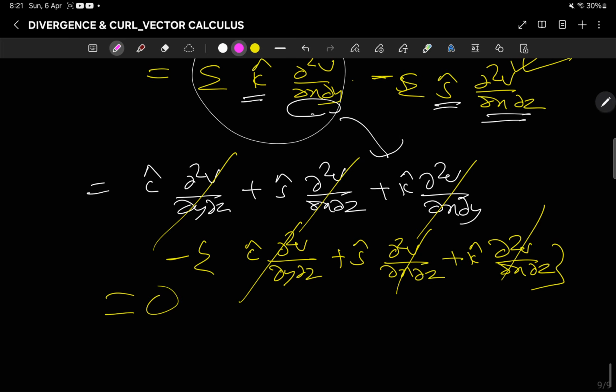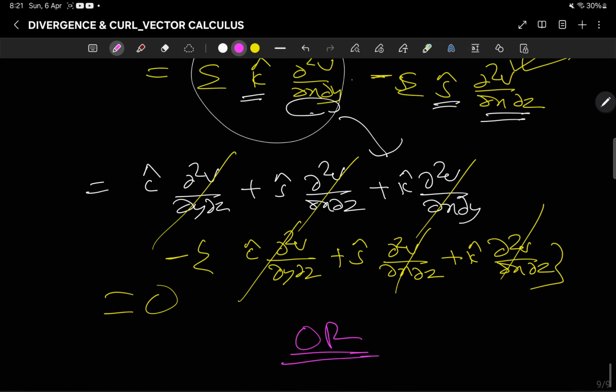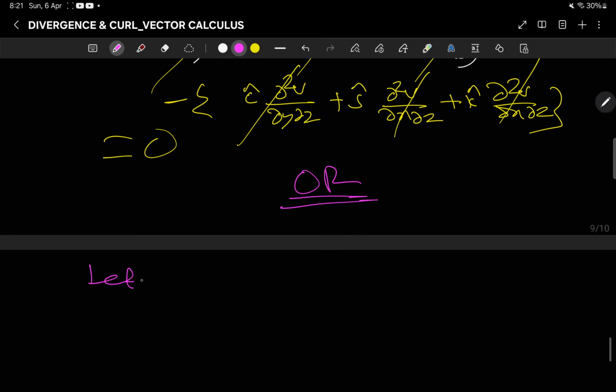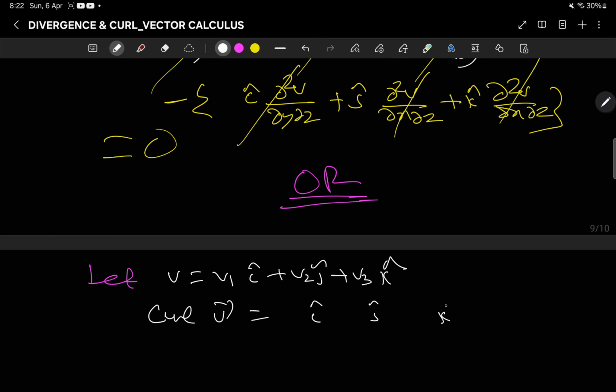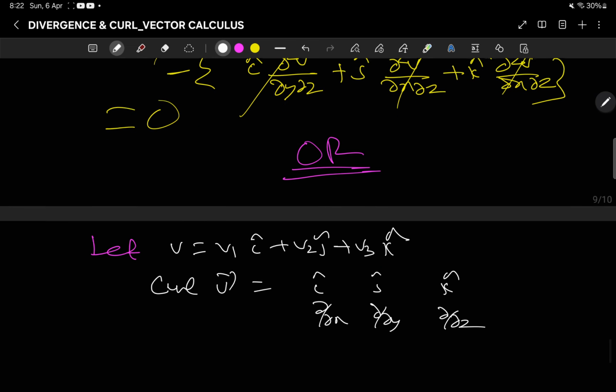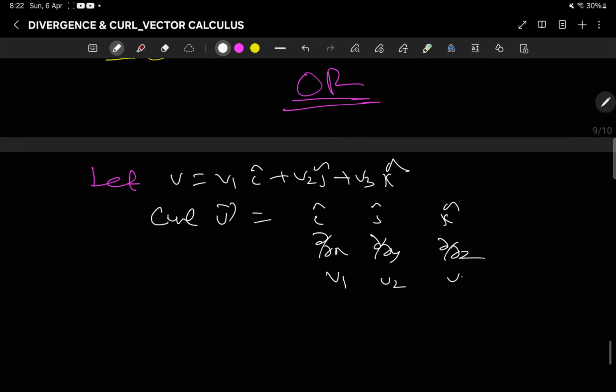Or alternatively, if I want to have the explicit proof, I can write, let my v is equal to v1 i plus v2 j plus v3 k. Now what is my curl v? It is the determinant with rows i, j, k; del by del x, del by del y, del by del z; v1, v2, v3.